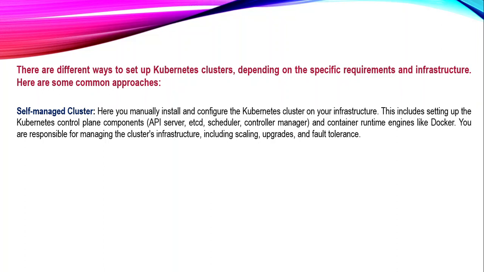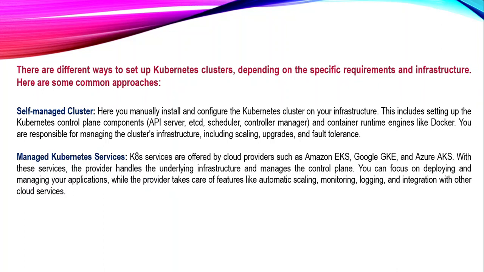An example is Docker, like I've mentioned. You are responsible for managing the cluster's infrastructure, such as the upgrading, the fault tolerance, the scaling, and so on. So this is self-managed, meaning you take care of the overall management of your cluster.